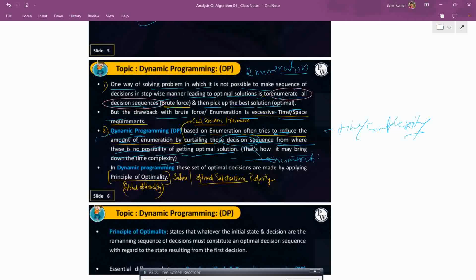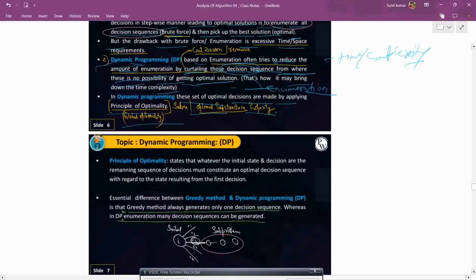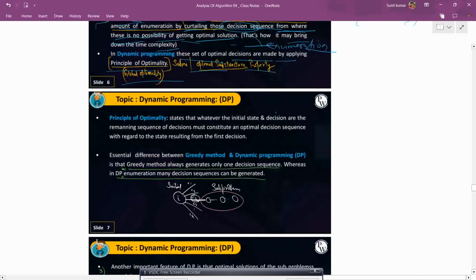These decisions are taken by applying the principle of optimality, the optimal structure property, or we can say global optimality. The principle of optimality states that whatever the initial state and decisions are, the remaining sequence of decisions must constitute an optimal decision sequence.